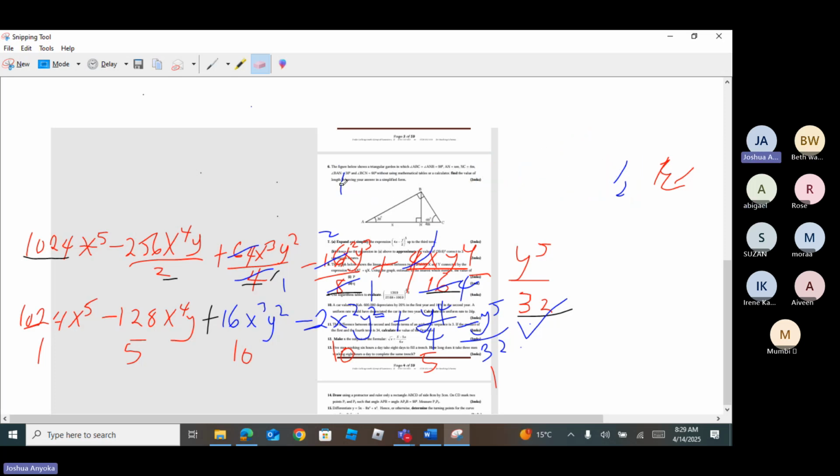So the first term we multiply by 1. So we get 1024 x power 5.